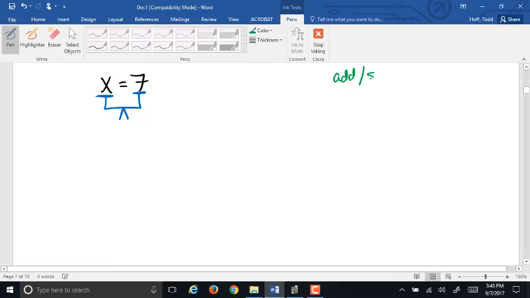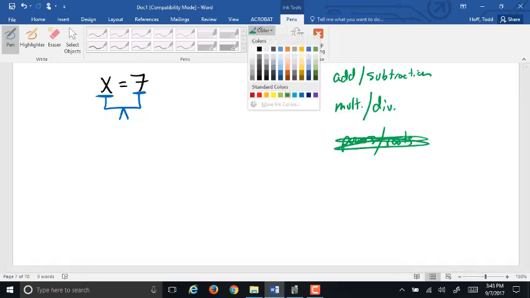We have addition and subtraction. We have the multiplication and division. And then, of course, we have the exponents, or the powers and roots. We're going to kind of stay away from the powers and roots for now, but we are going to use the other operations.